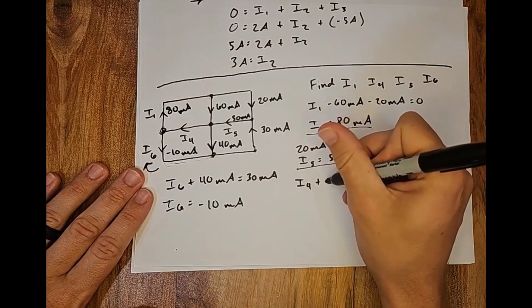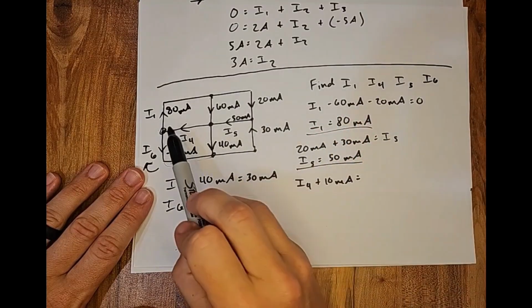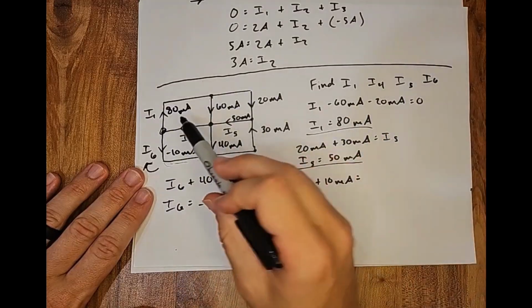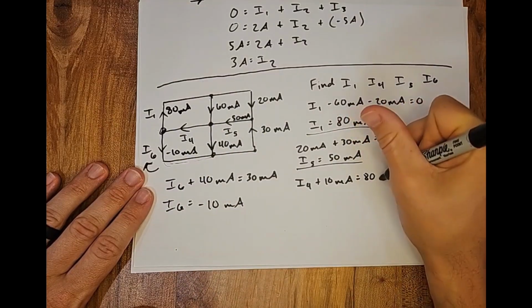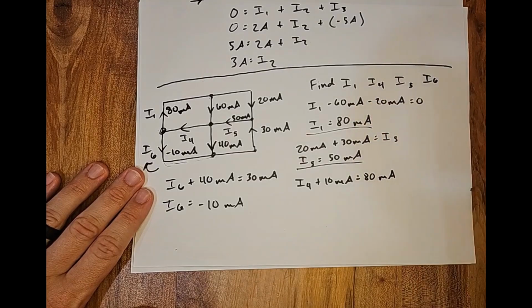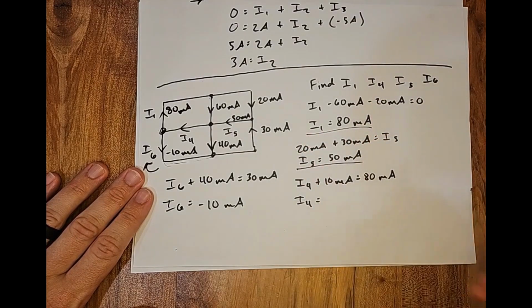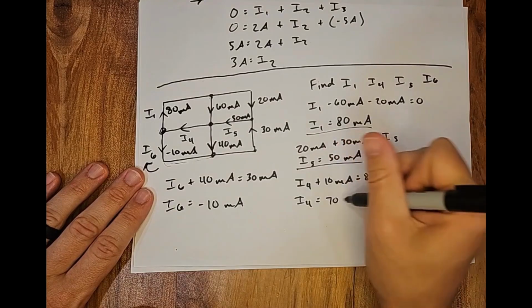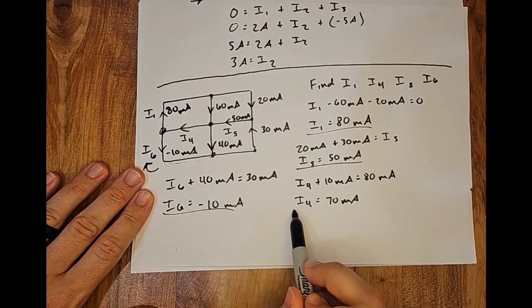So we'll put plus 10 milliamps equals this 80 milliamps coming out, because that's going to be negative. So on the other side of the equal sign, it's going to be positive. All right, so I4, if we do that math real quick, should be 70 milliamps. Hopefully. There's I6, there's I4.